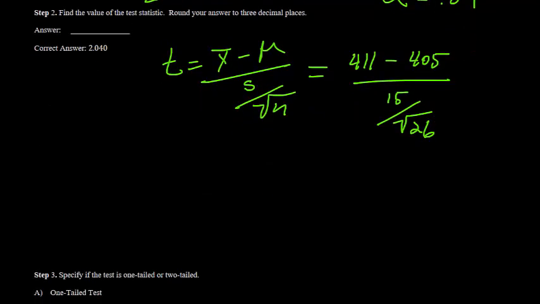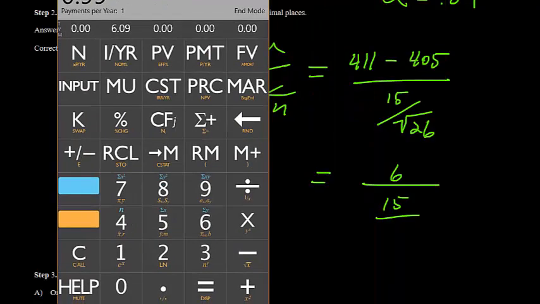Again, a lot of this is math. We're going to bring out the fancy calculators. 411 minus 405 is a positive 6 over 15 divided by the square root of 26.